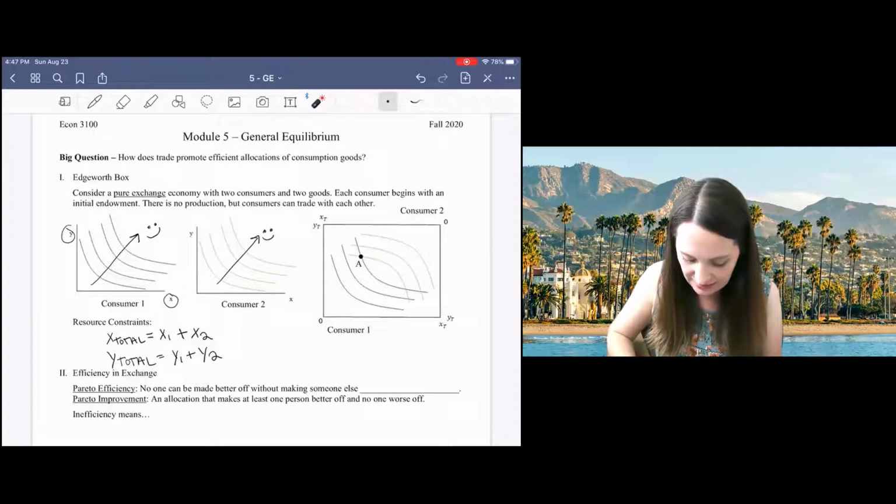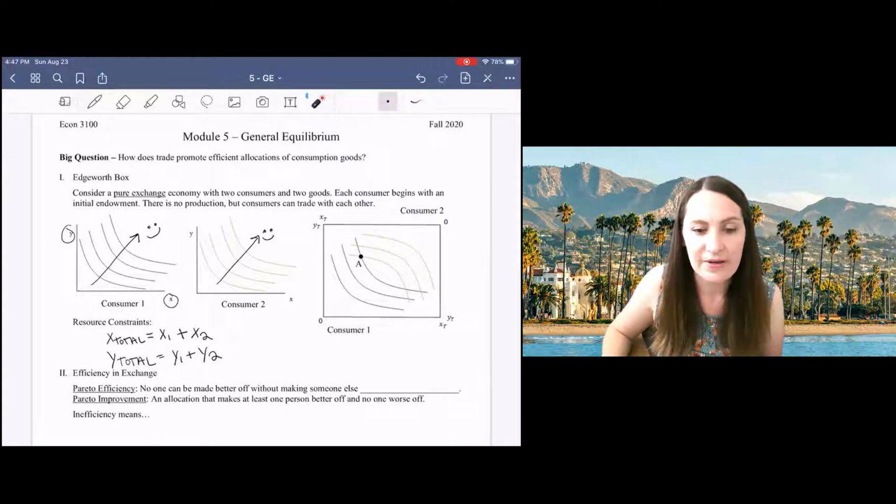You can see that we take consumer 1's axis for X and Y and place it here, while at the same time representing consumer 2's consumption of these goods on this axis, which is upside down here, ranging from 0 to X total along this axis and 0 to Y total along this axis.